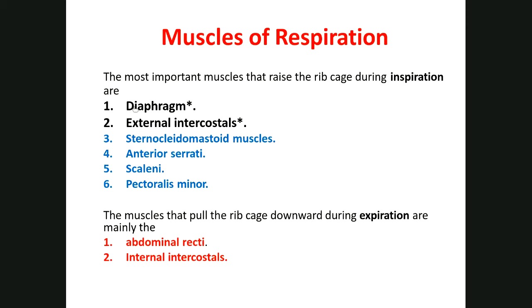Now in expiration, at rest it is a passive process which doesn't require any muscle contraction. It depends on relaxation. But during exercise or during stress, when the respiration is fast and needs to be supported, muscles will be used. These muscles are the abdominal recti. The abdominal recti will help make the relaxation of the diaphragm faster.